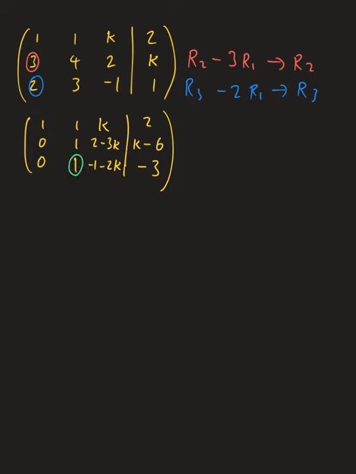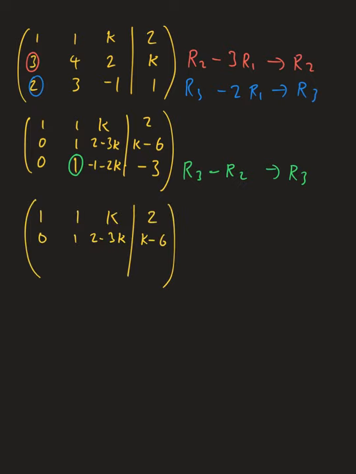Next, I want to get rid of this one, make that a 0. And I'll do that using the second row. Don't be tempted to use the first row or you'll get rid of your 0 on the left. So I will say that row 3 minus row 2 goes in there in row 3. So my first two rows are not changing. And my last row is the old row 3 minus row 2.